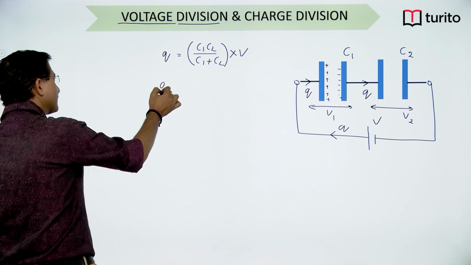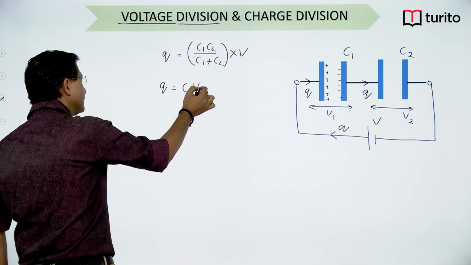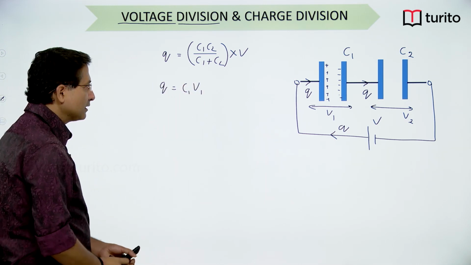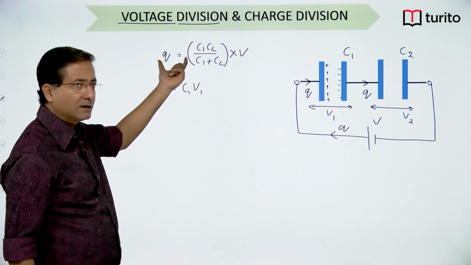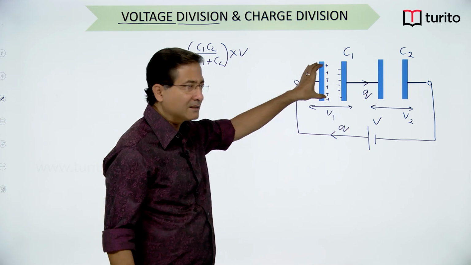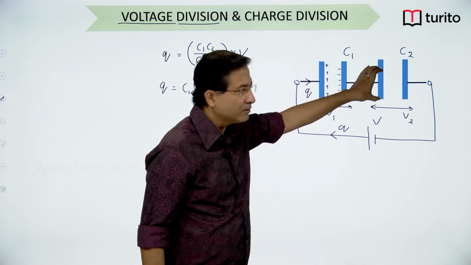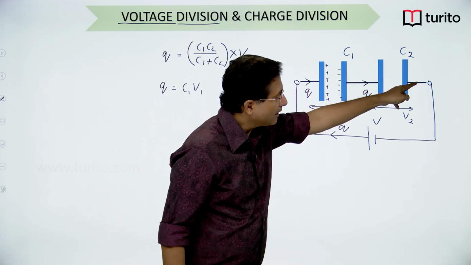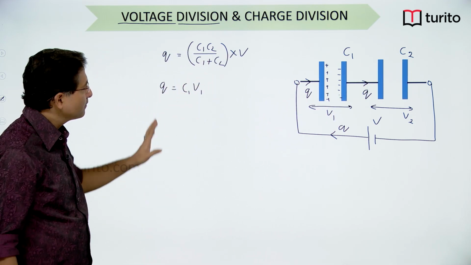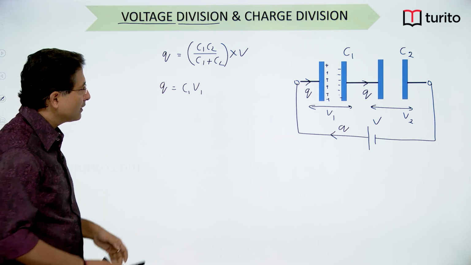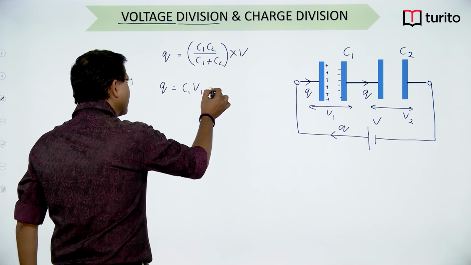Now focus on this one. Q is equal to CV again. The charge on both the capacitors is the same. That charge we first calculated by just reducing the circuit, as these two are connected in series combination. The equivalent capacitance across these two terminals is C1 C2 upon C1 plus C2, right. Now I want to find out the value of V1.